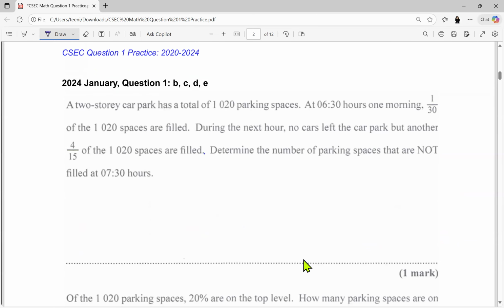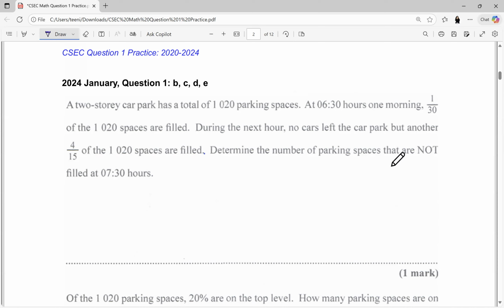All right, let's look at this question. A two-story car park has a total of 1,020 parking spaces. At 630 hours one morning, so that's 6:30 a.m., 1/30th of the 1,020 spaces are filled. During the next hour, no cars left the car park, but another 4/15ths of the 1,020 spaces are filled.